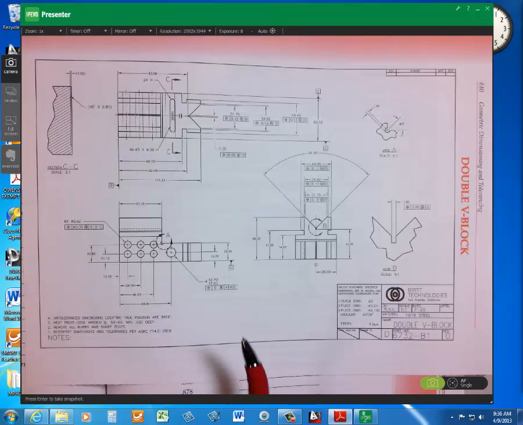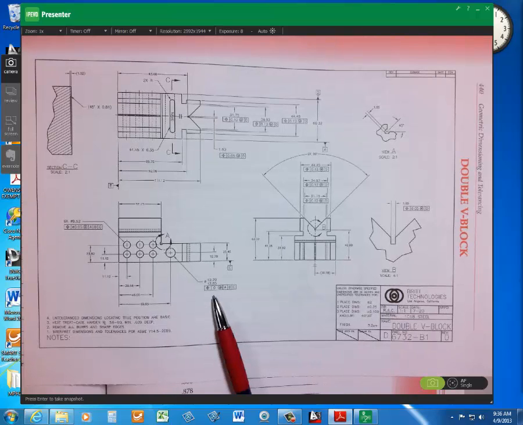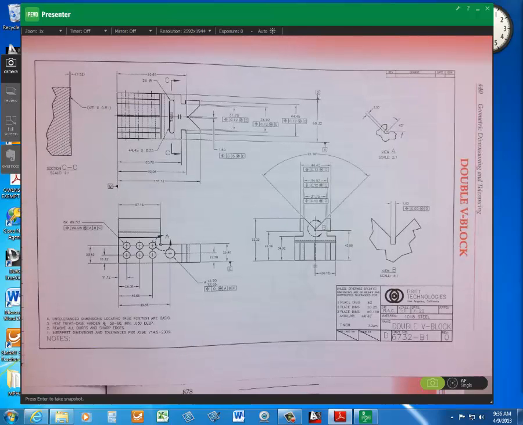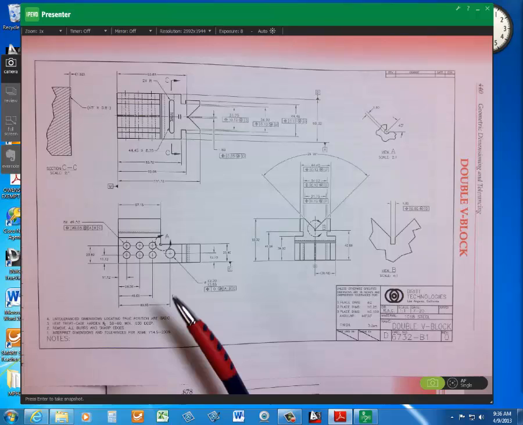So at MMC, it has to be at true position, 0 tolerance. So, very tight control. Obviously, this is working with some other machining or manufacturing process, and there's something fitting in there. It's very critical.